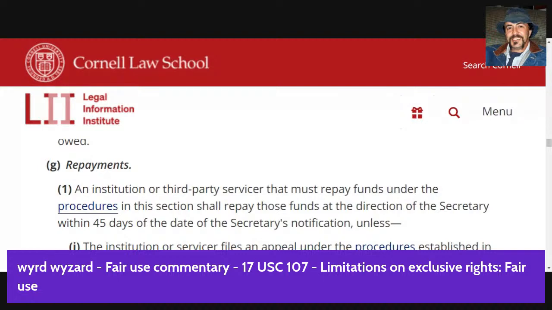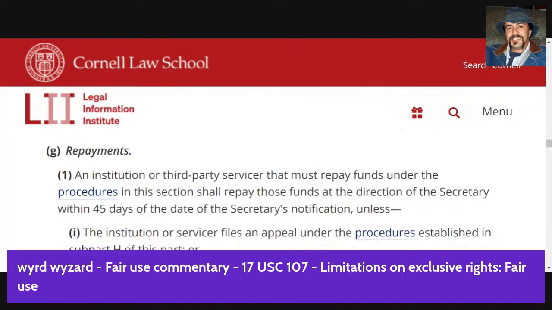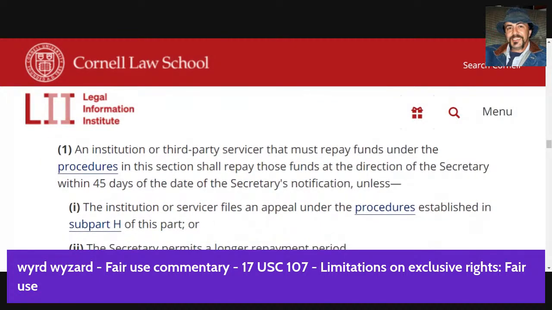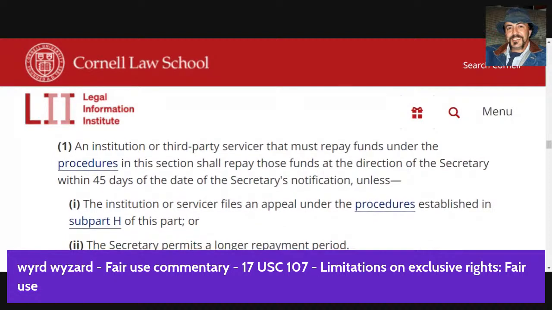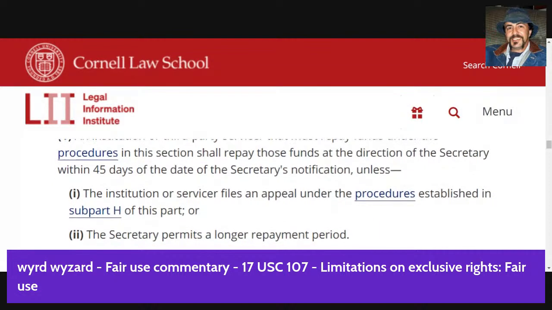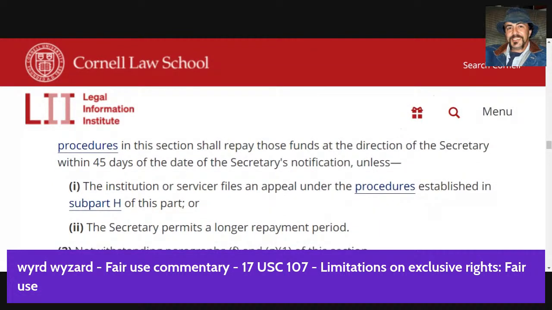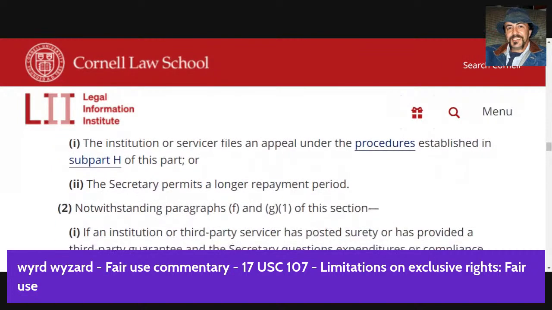Repayments. An institution or third-party servicer must repay funds under the procedures in this section and shall repay those funds at the direction of the Secretary within 45 days of the date of the Secretary's notification, unless the institution or servicer files an appeal under the procedures established in subpart H of this part, or the Secretary permits a longer payment period.